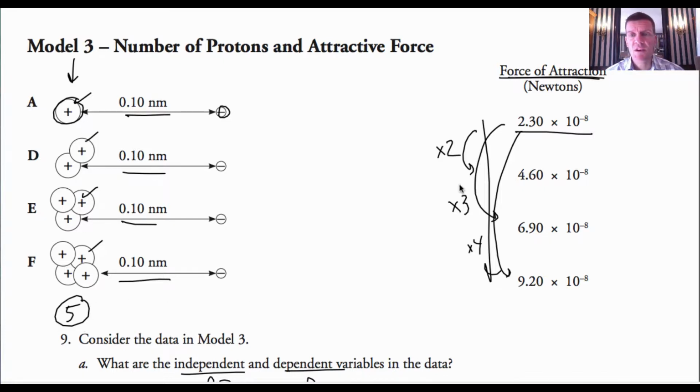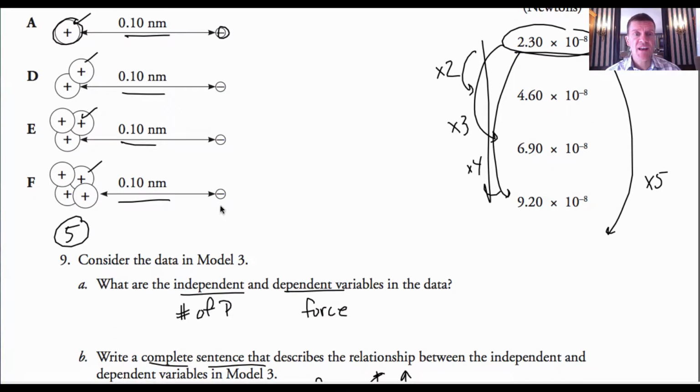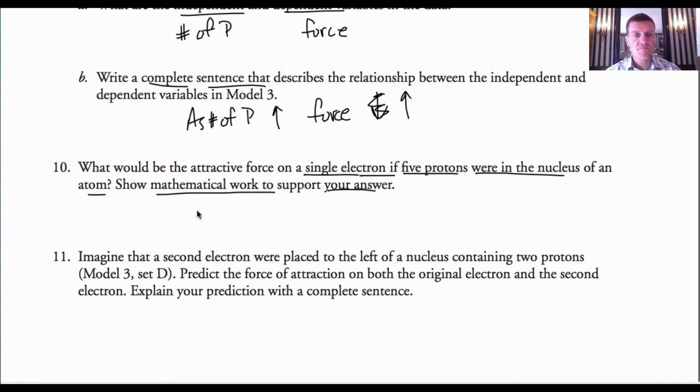So if we have 5, we would have to take this initial value here and multiply by 5 in order to get the force of 5 protons acting on that electron at that distance. Just 5 times the 2.3 times 10 to the negative 8. And this is in newtons. So you can do that on your calculator.